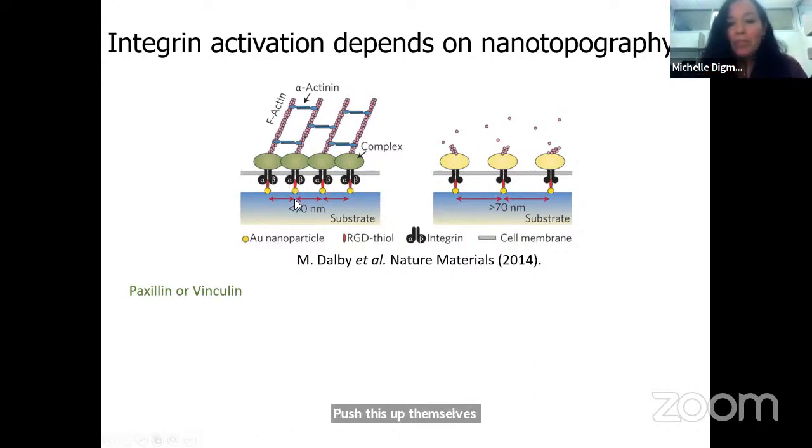So this is an experiment that was done showing that if you have, let's say, gold particles that are coated with the RGD, these are 3 amino acids that are critical for integrin binding, only when the beads were close, within the range of less than 70 nanometers, will the integrins attach and form a focal adhesion at the sites. If the beads were placed too far apart, integrins will no longer form a cluster, and the actin cytoskeletal structure will not be tethered to the focal adhesions.